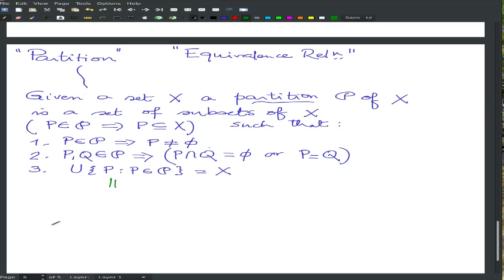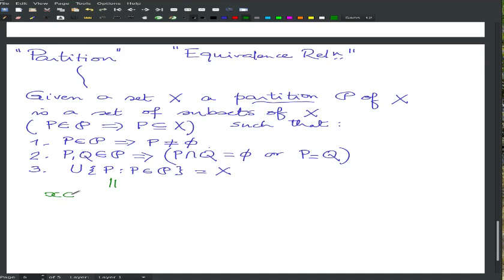Now if I think of a union of this new bag which has only these two sets A and B, what is the union of this? Well, it is those elements which belong to some of the elements in this bag. So that's exactly what this is.